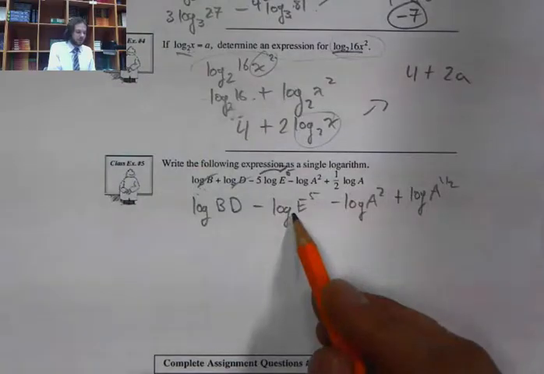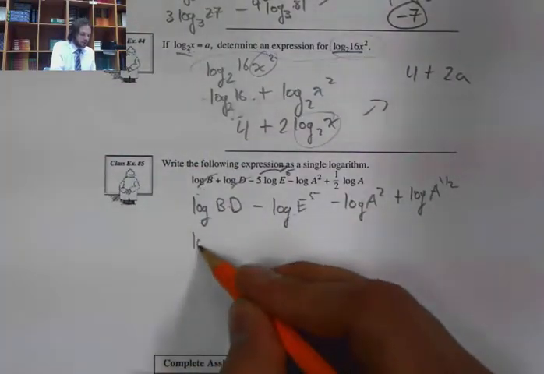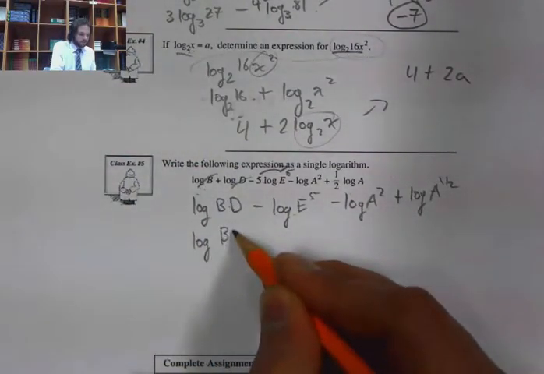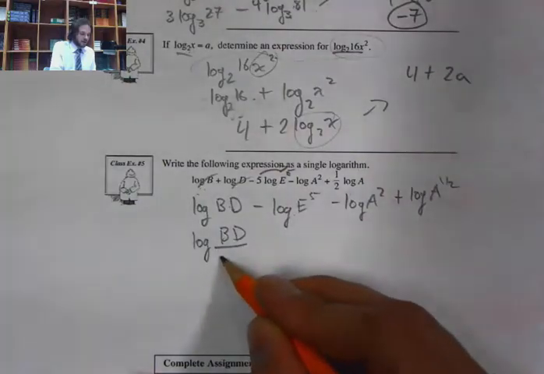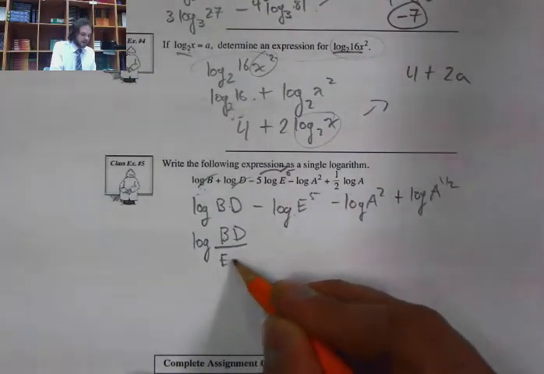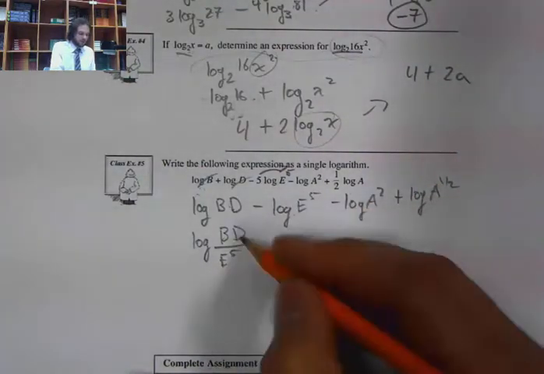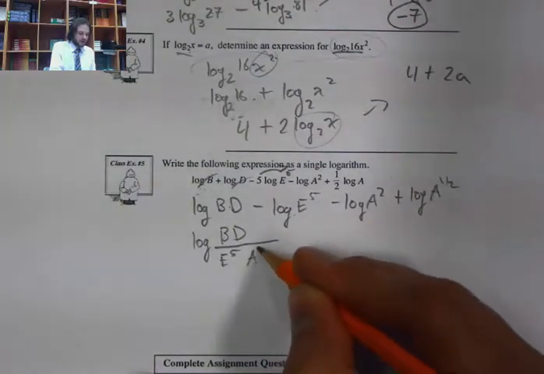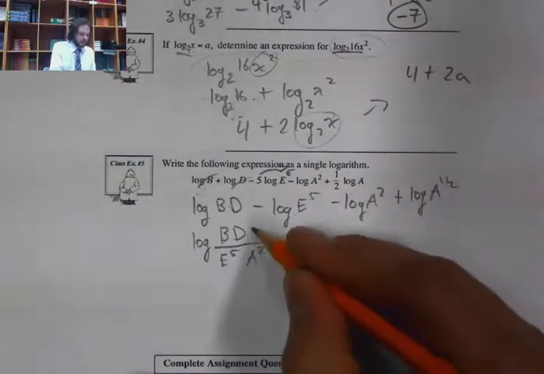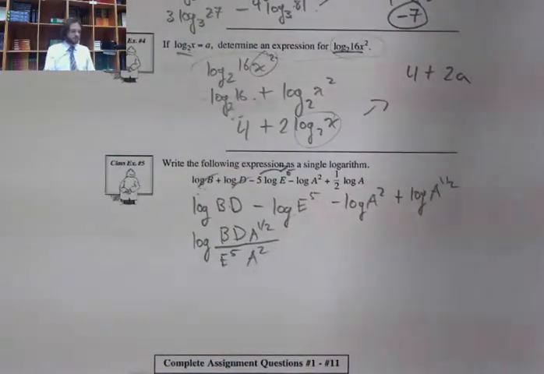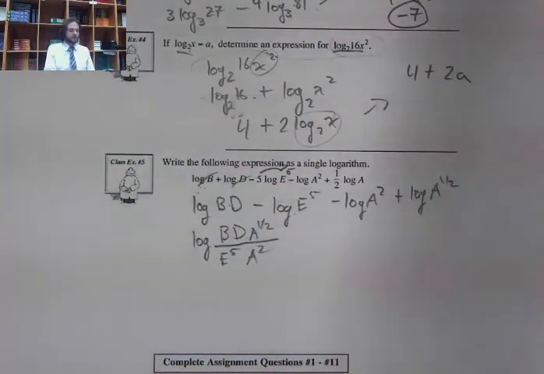Okay, so let's combine these to this. So we have log e divided by e to the 5, and we have also to divide by a squared, and we multiply by a to the 1 over 2. Okay, so everything there looks pretty good, but we have to simplify some things. These a's can simplify.